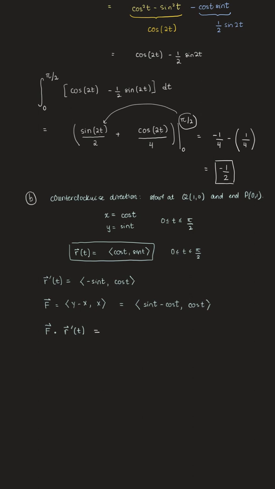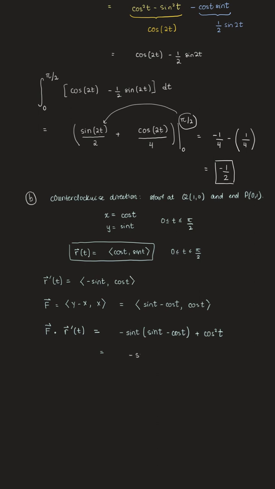And that's going to give us negative sine t times sine t minus cosine t plus cosine squared t. So let's see what this gives us.